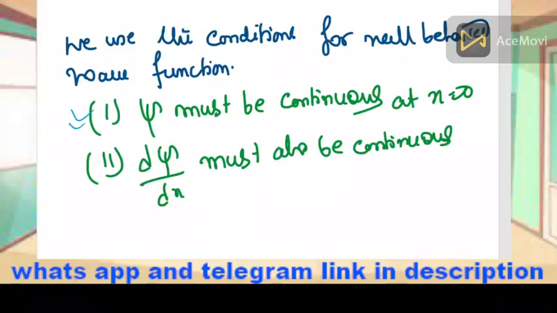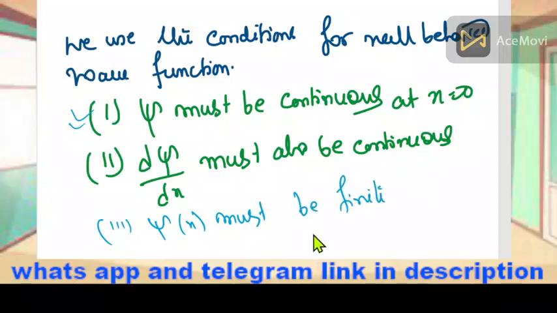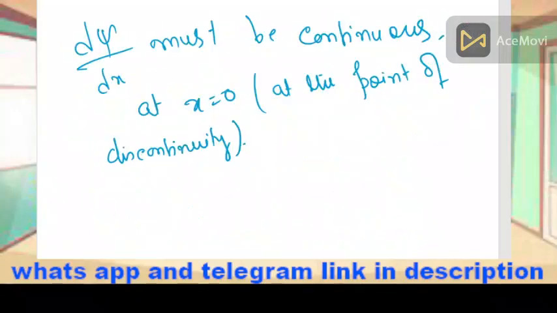Now every condition, that psi must be continuous at 0, d psi by dx must be continuous, and psi(x) must be finite and single valued, is related to some physical aspect and has some physical significance.